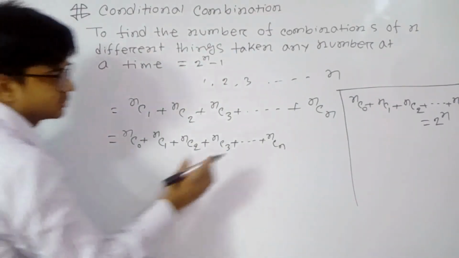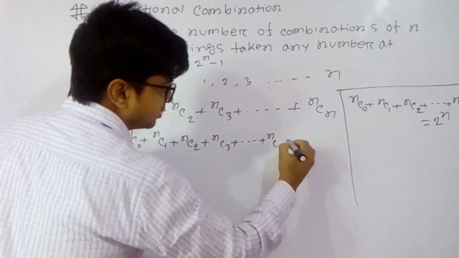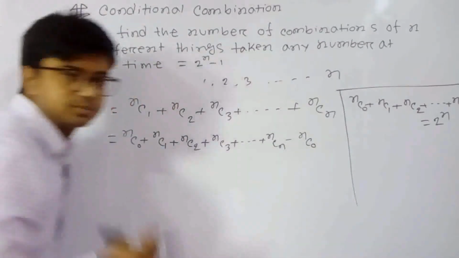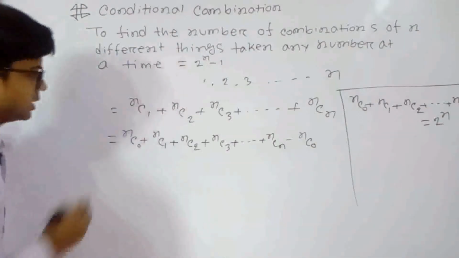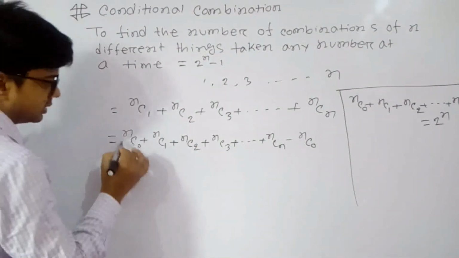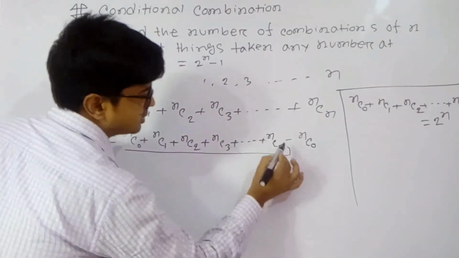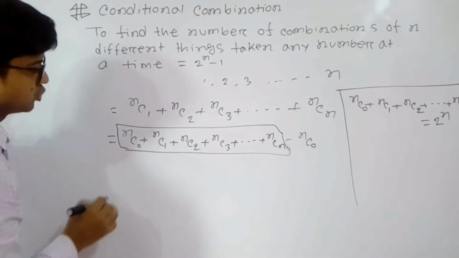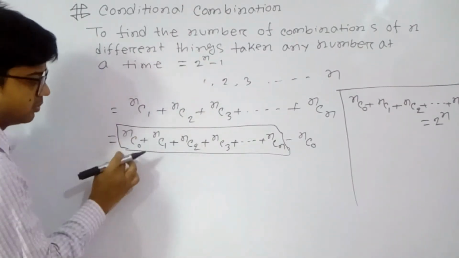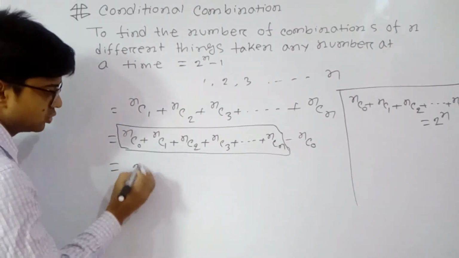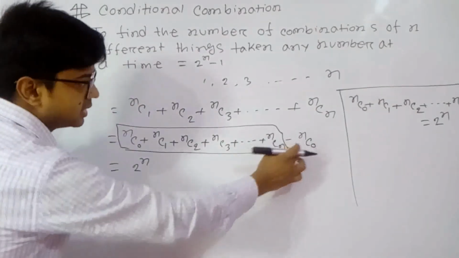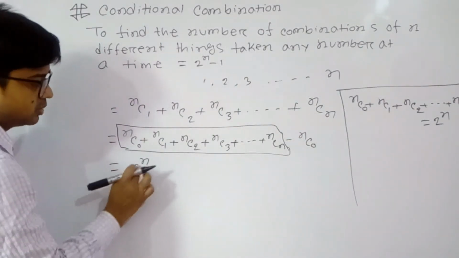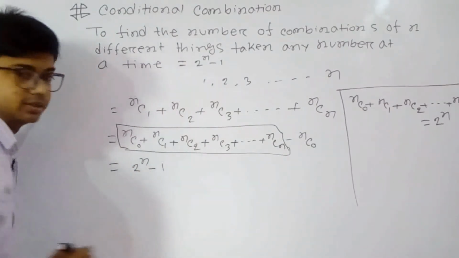For balance we can write minus nC0. From binomial this part will be 2 to the power n. Here nC0 equals 1, so 2 to the power n minus 1.